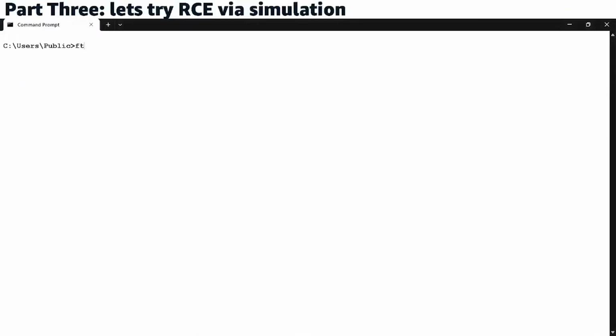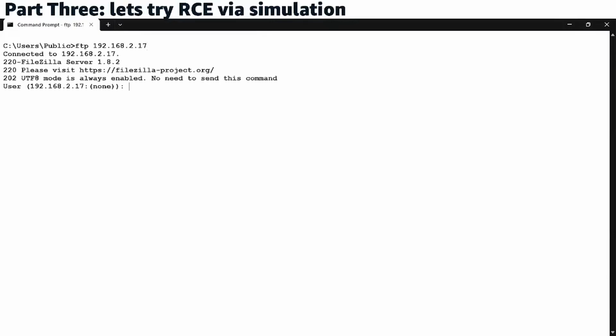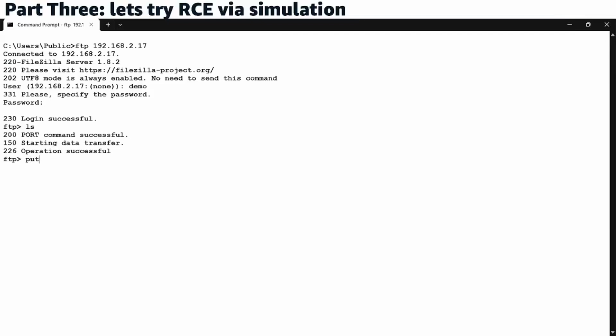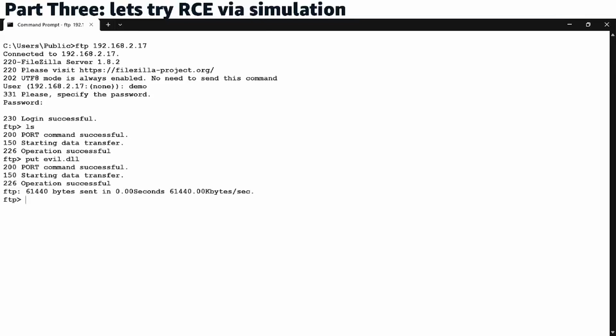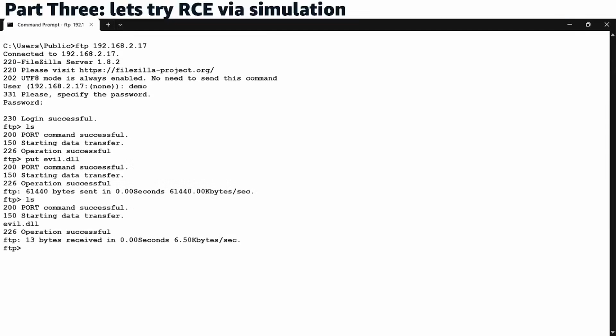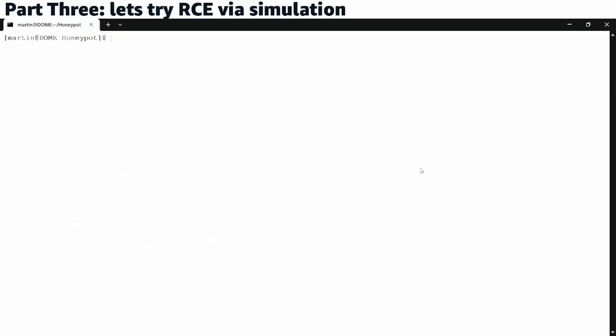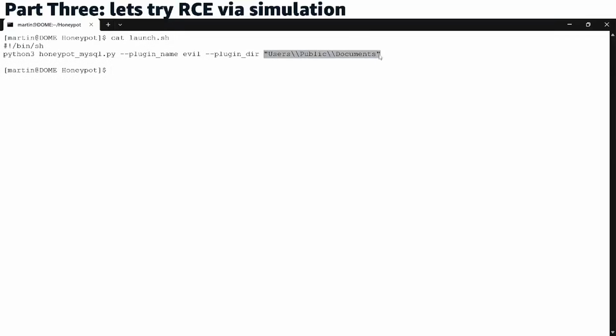Let's start it. Let's imagine that we have an FTP server running, and we have this demo and demo. Then we will do a put into that FTP server, into the public location. We put an evil DLL, our payload. Now what we will do is use this shell honeypot and start our honeypot.